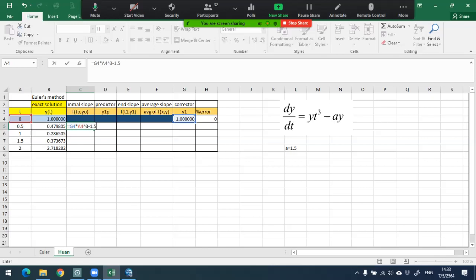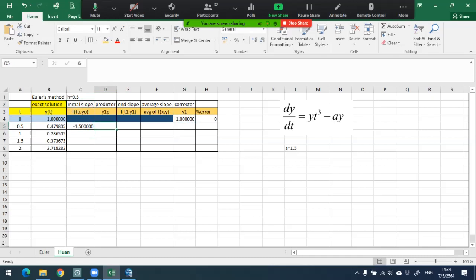A is equal to 1.5 times y. Okay, done. We have the initial slope. And in this case we use h equal to 0.5.